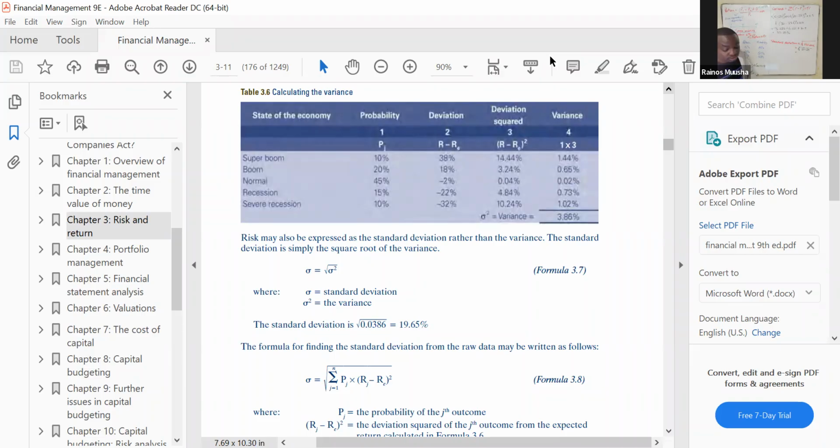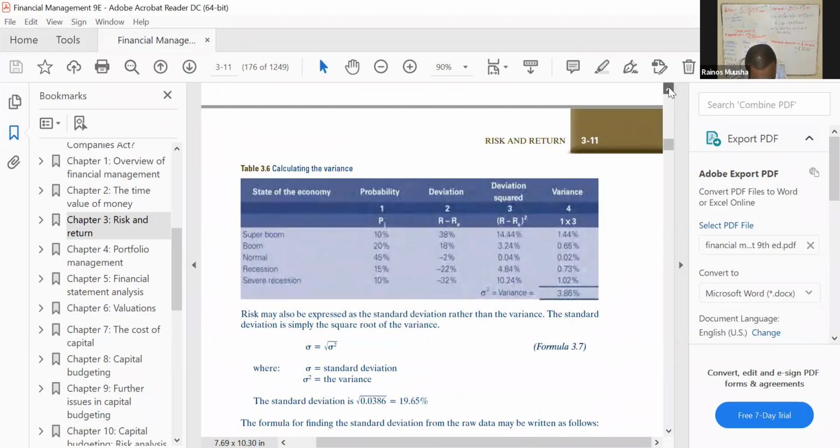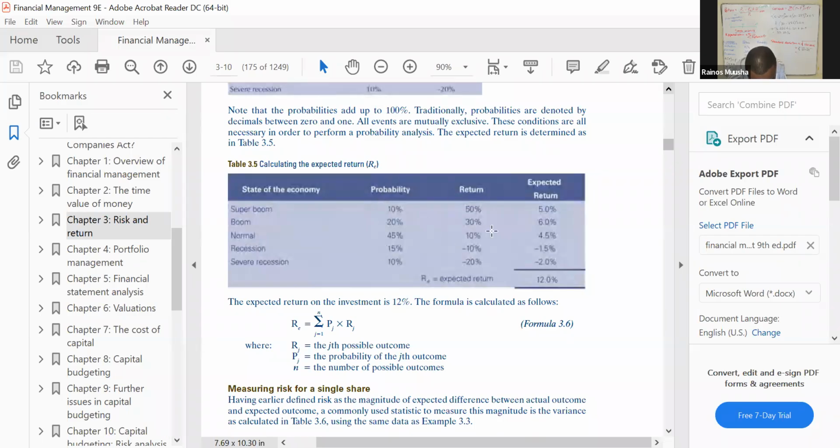So I'm going to demonstrate this using the information in the textbook so that you can clearly see exactly how you would get it. Remember, they give us the returns and the probability of earning those returns as well. The state of the economy is a super boom, a normal, a recession, or a severe recession.